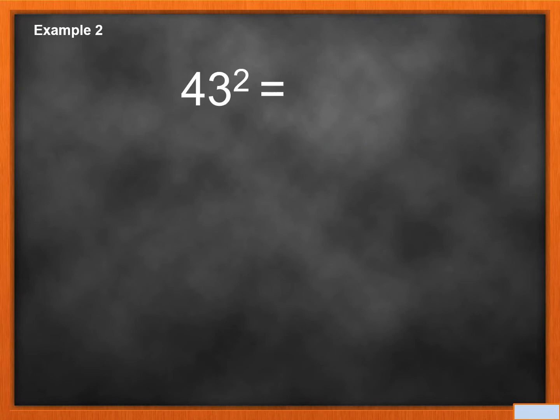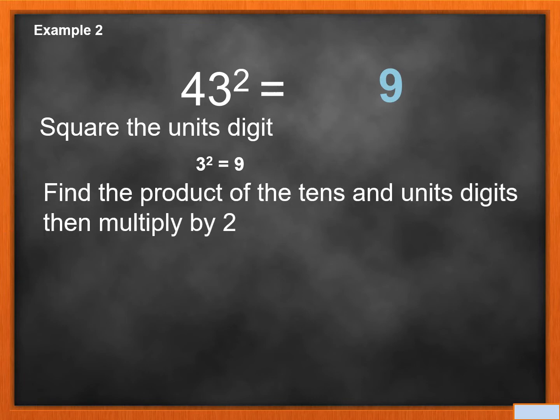43 squared. The first step is to square the units digit. That is 3 squared is equal to 9. Write down 9. The second step would be to find the product of the tens and units digits, then multiply by 2. So the tens digit is 4 and the units digit is 3. 4 times 3 is equal to 12, times 2 is equal to 24.